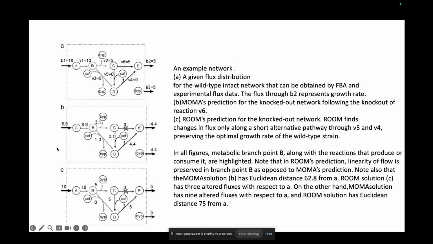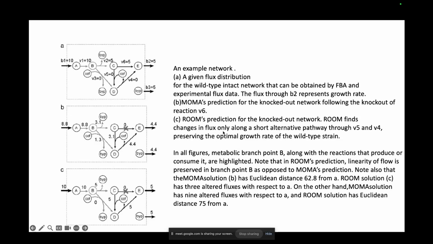Now this particular image is MoMA's prediction for a knocked out network following the knockout of reaction V6. So this is your V6, which has been knocked out. This is the flux that has been predicted by MoMA, and this is the flux that has been predicted by ROOM. It's the same reaction that has been knocked out, but there's a slight difference here.